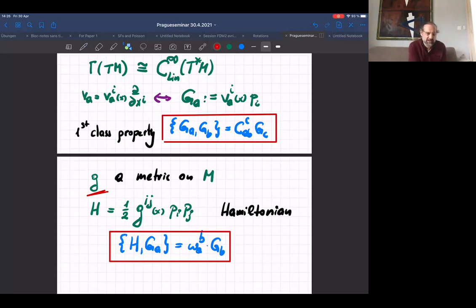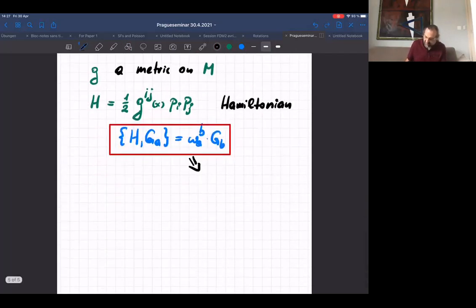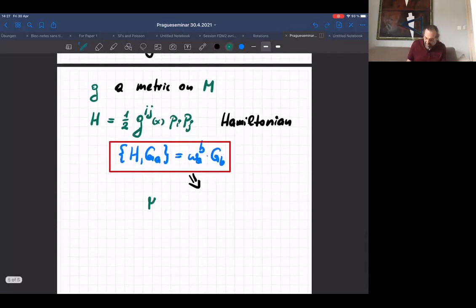And the condition is an algebraic version of a singular Riemannian foliation. This condition means that the manifold M with the metric g and the singular foliation is a singular Riemannian foliation.